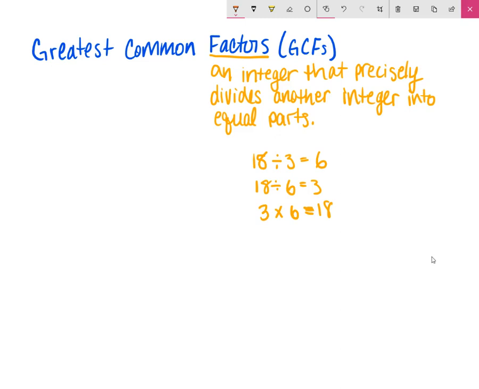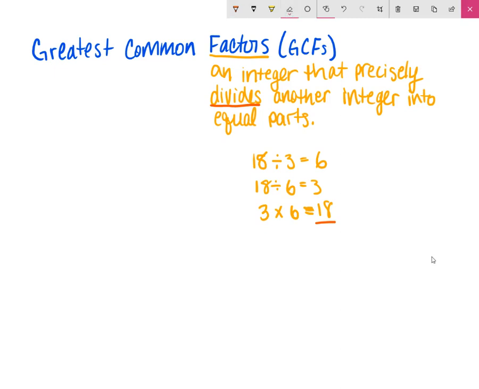So for finding a factor of an integer, it has to be an integer as well. What if we were just given 18 and told to find the factors of 18? Just like in our definition, we would need to divide 18 by numbers 1 through 18 in order to find the factors of 18.